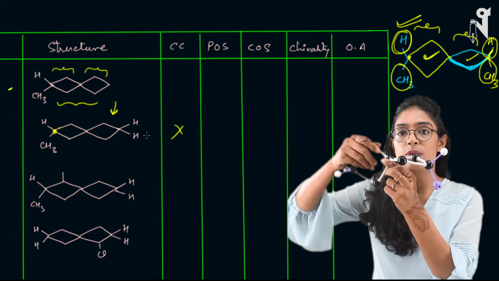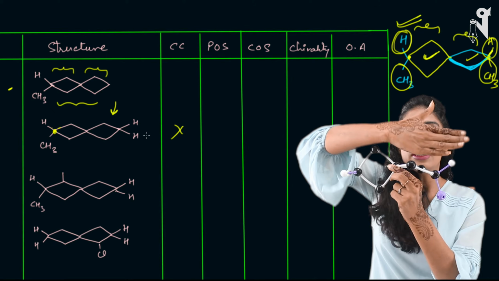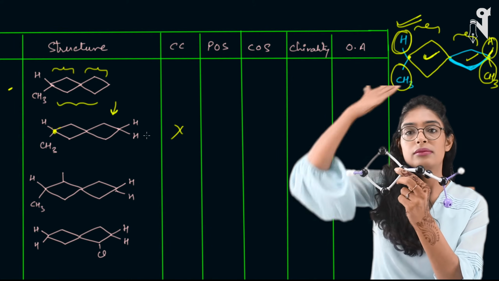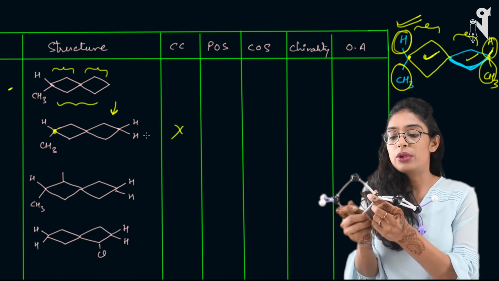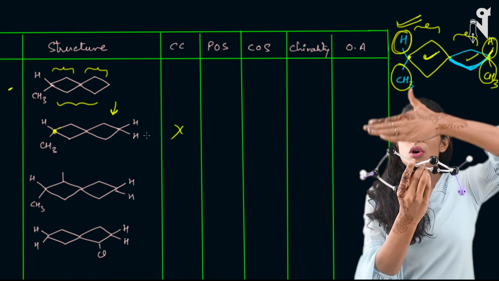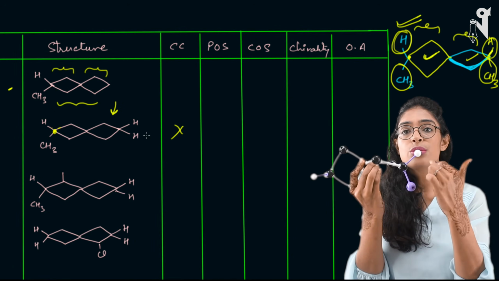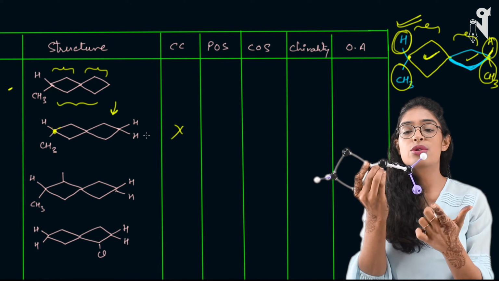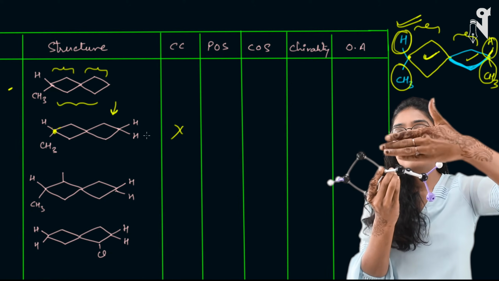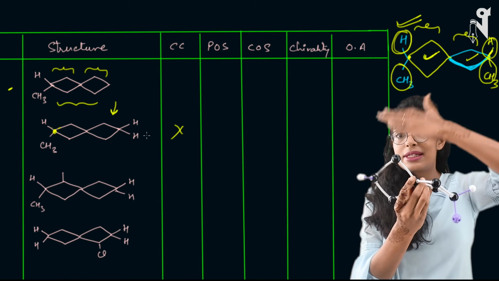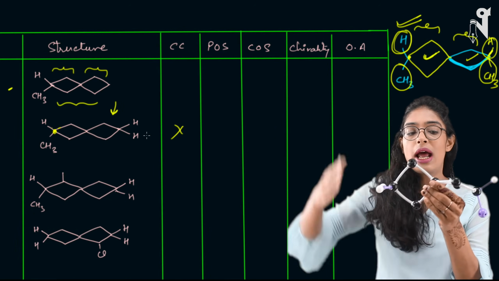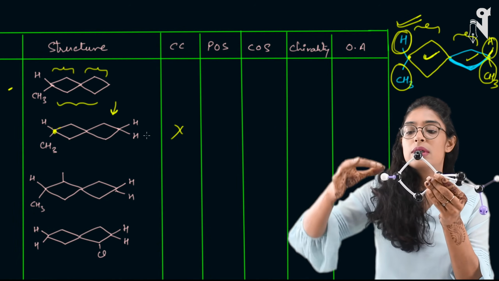If I just look at it very, very carefully, if I do the vertical cut, this will get divided into two equal halves. This cycle will get divided into two halves, this will get sliced, and what will happen to this?